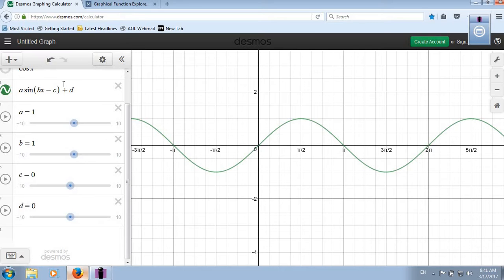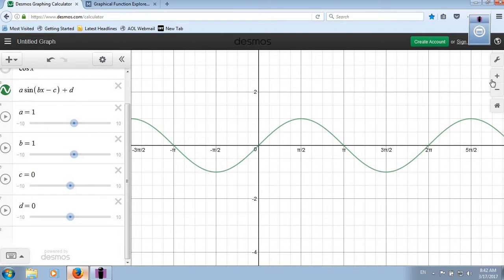This is called the standard form for a sinusoidal function graph, sine and cosine. You can replace the sine with cosine. Each of the letters a, b, c, d represents a constant in the function. When a equals 1 and b equals 1, we have a regular sine x, because there's no c and no d.